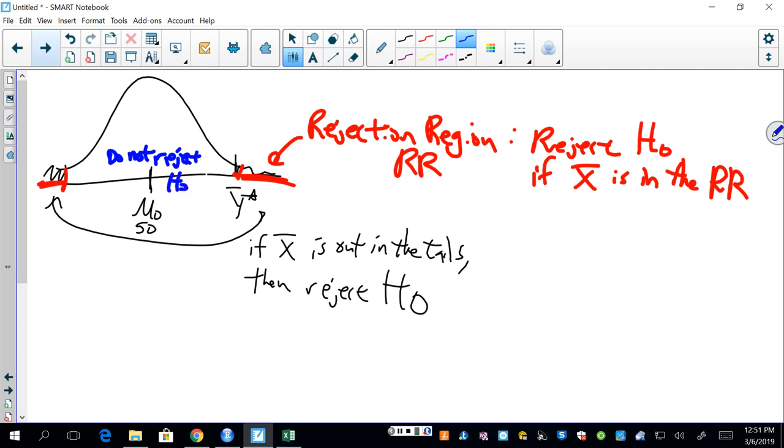We don't reject it because although X bar is a little bit different, it's plausible within the scope of variability. So you can't convince me or other people that it's not true. It might not be true, you might still suspect that, but you haven't proven it.